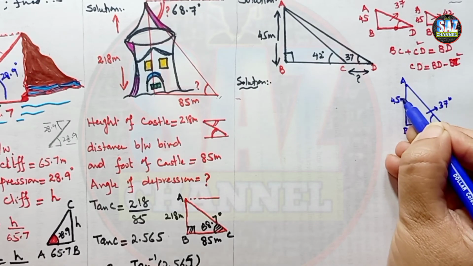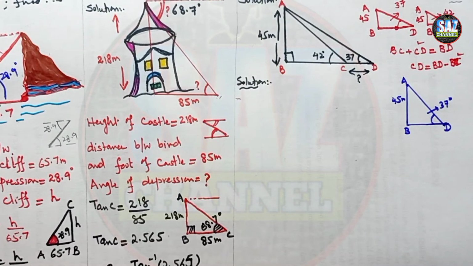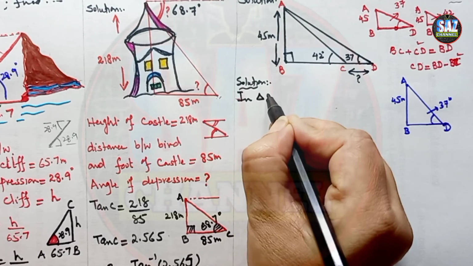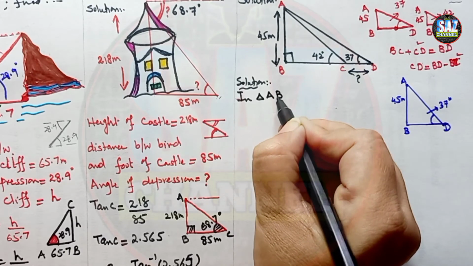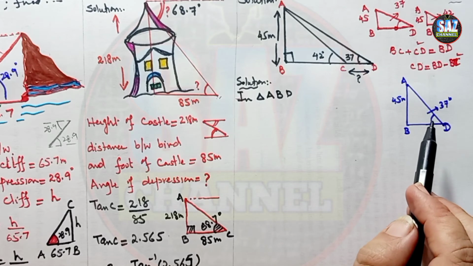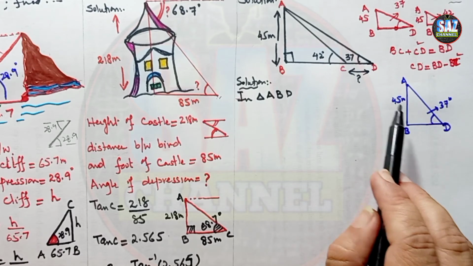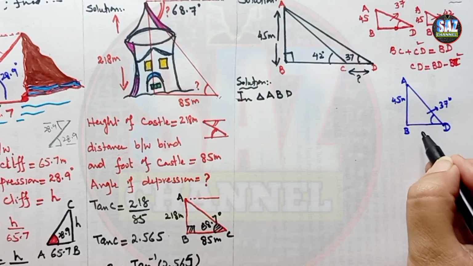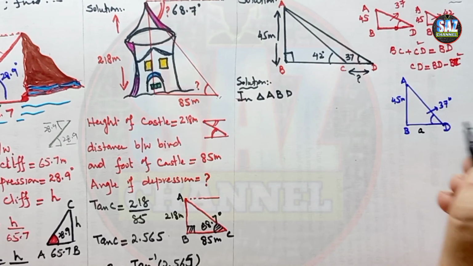In triangle ABD, with reference to 37 degrees, 45 is opposite, and BD, let it be a, small a.